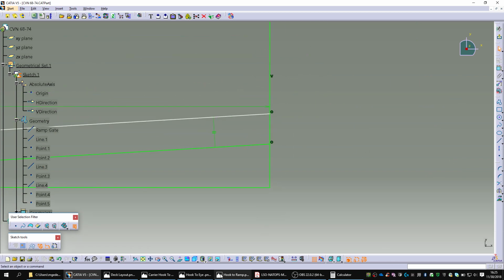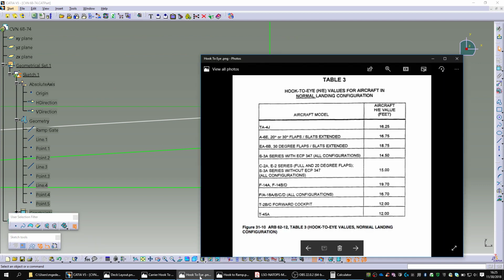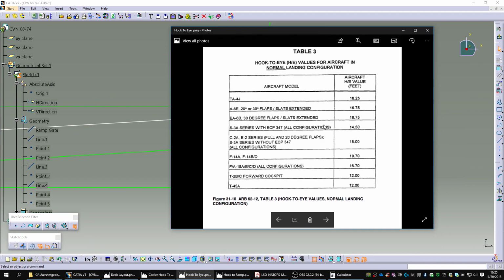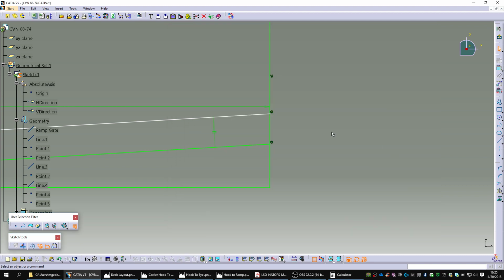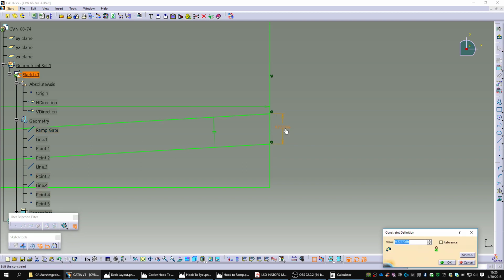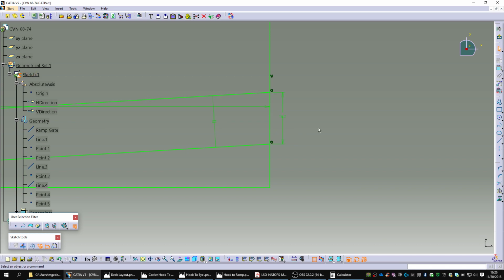And what else do we know from some information that's published out there? Well, we know that the hook to eye value for an F-18 is 16.7 feet. So I need to constrain that point to that point by 16.7 feet. I want this guy, that guy, to be 16.7. There we go.